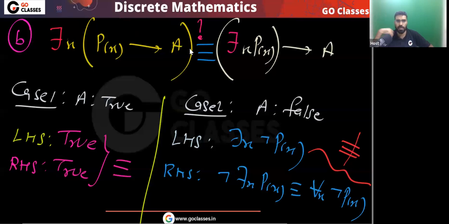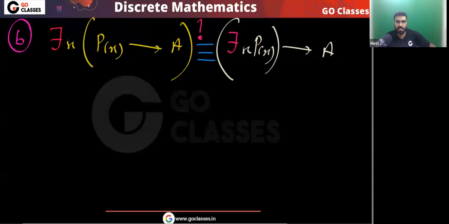No. Who implies whom? RHS implies LHS. They are not equivalent, but here I can say RHS implies LHS. So this direction is wrong, but this direction is correct.